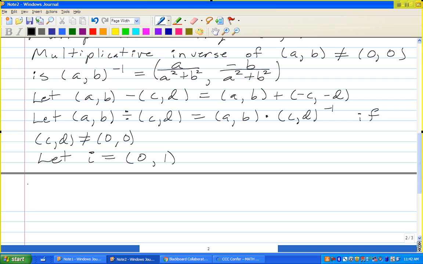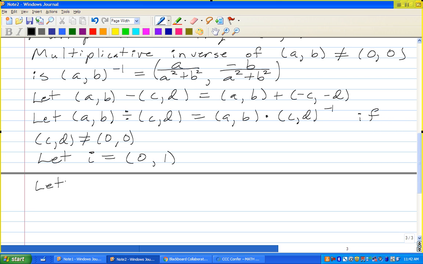And let's also let the ordered pair (a, b), instead of writing the ordered pair (a, b), let's write in new notation. Let's write in the notation a plus bi, where of course a and b are real numbers, as we've said before.